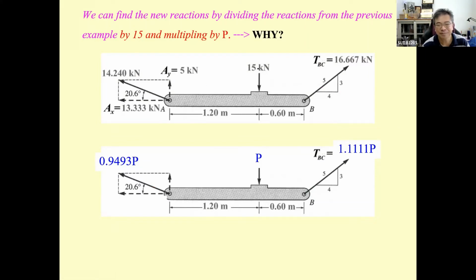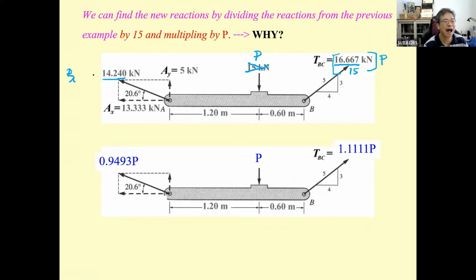So we check this one, change to P, and if you have the previous result, you just divide it by 15, and then you multiply it by P. The same thing occurs here.